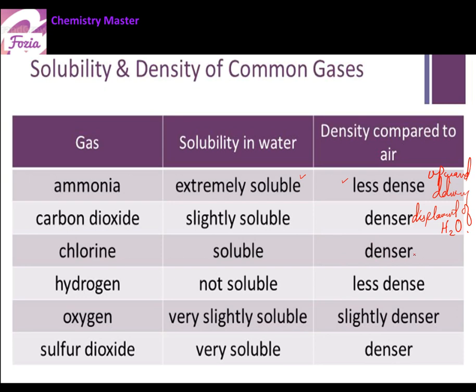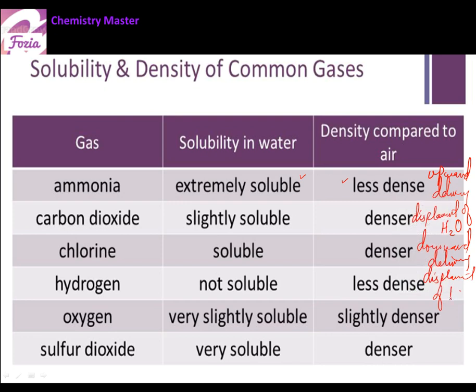And in case of chlorine, chlorine is very soluble in water, and is denser as well. So it will be collected by downward delivery. The next is hydrogen, not soluble, less dense. Very obvious that it will be collected by displacement of water.